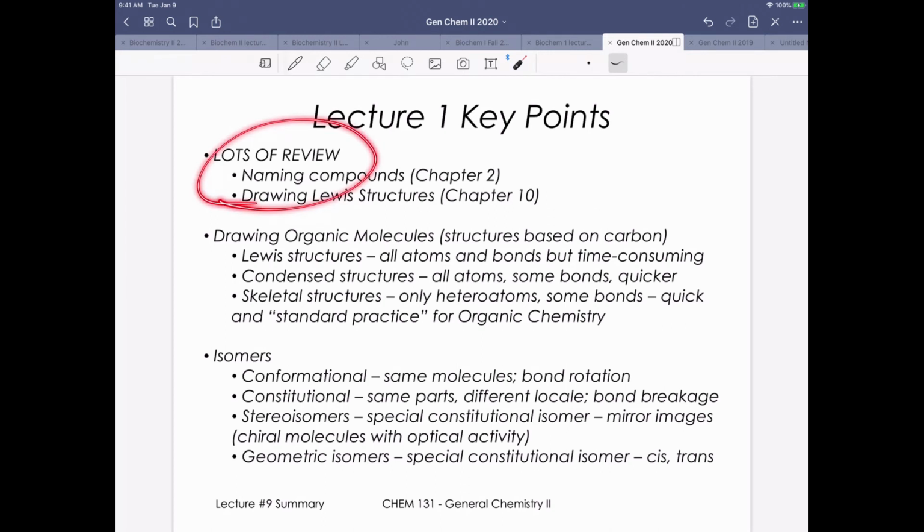So lots of review. We have to make sure that we're very competent in drawing structures, because then we build on that with the special ways we draw organic molecules. And then we went through how we think about drawing isomers. If we were given a molecular formula, we could draw a lot of different representations, structures, using those same building blocks.